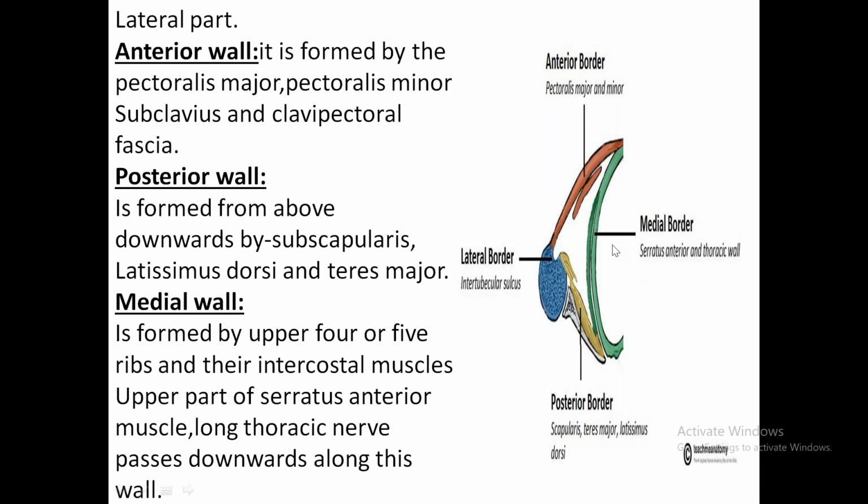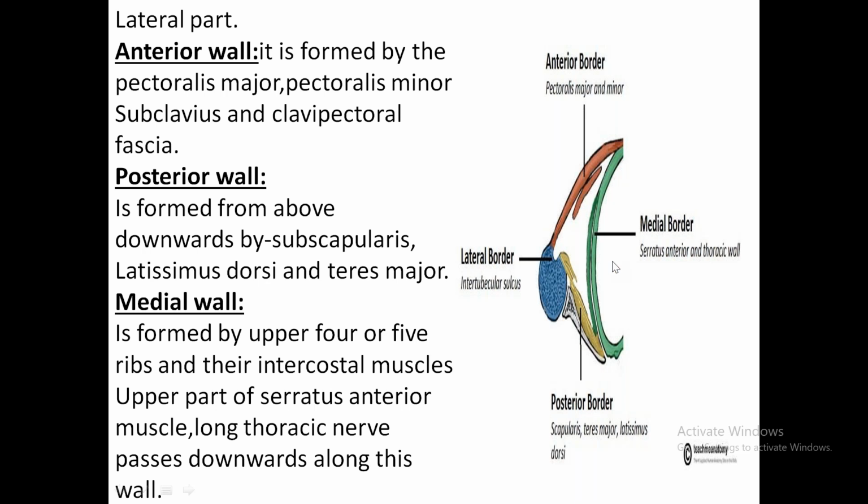The anterior wall is formed by the pectoralis major, pectoralis minor, subclavius, and clavipectoral fascia. Posterior wall: it is formed from above downwards by subscapularis, teres major, and latissimus dorsi.